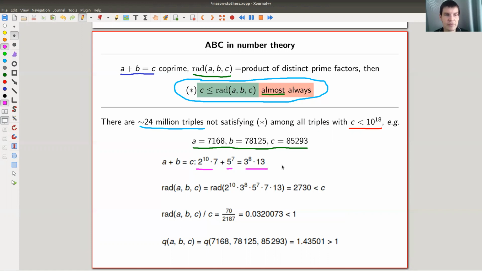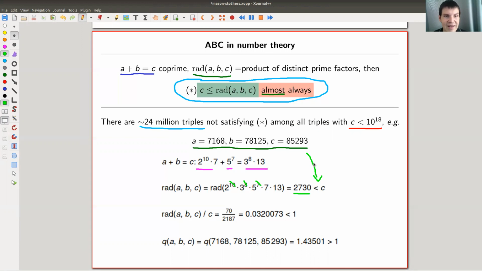Anyway, so you look at the prime number decomposition, you write down the radical, which in this case is, you cross out all the exponents, since it's just a product of distinct prime factors. So it's 2 times 3 times 5 times 7 times whatever times 13. Apparently this is this number, and as you can see, this is much smaller than C itself. C is pretty huge, and this is one of the exceptions.